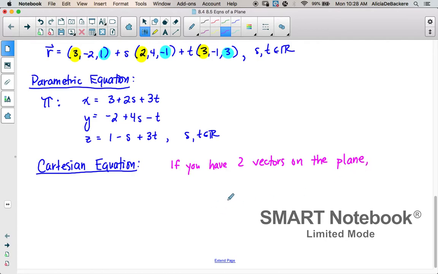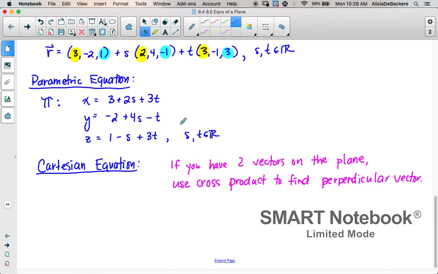If I have two vectors and I want a third that's perpendicular, I use the cross product. So again, I wouldn't normally write this in pink here. This is more just for your notes.